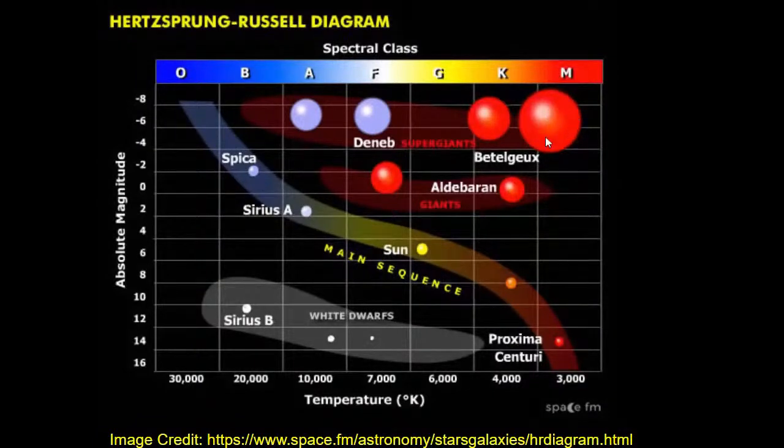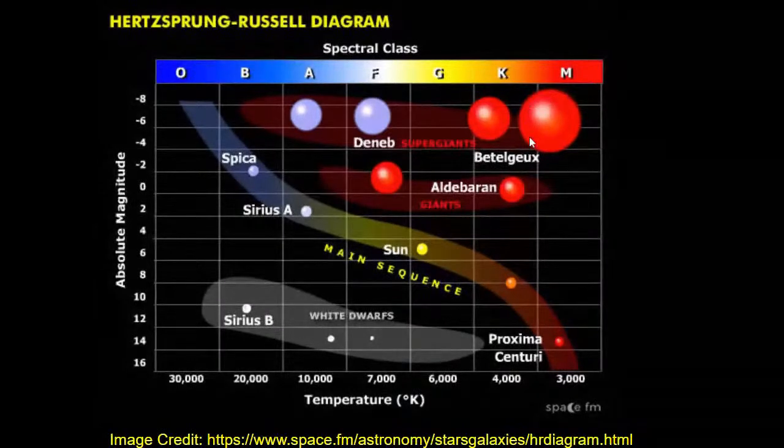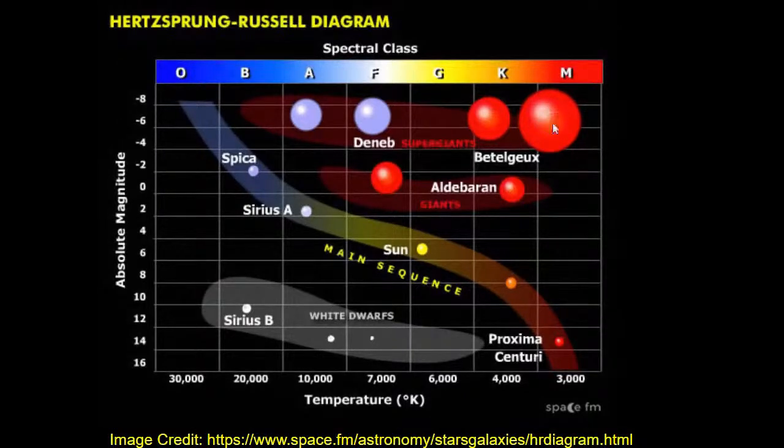Its flux is changing over time, and astronomers think that the core of Betelgeuse is about to collapse into a supernova.